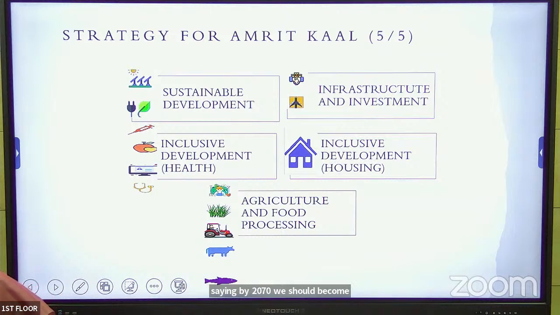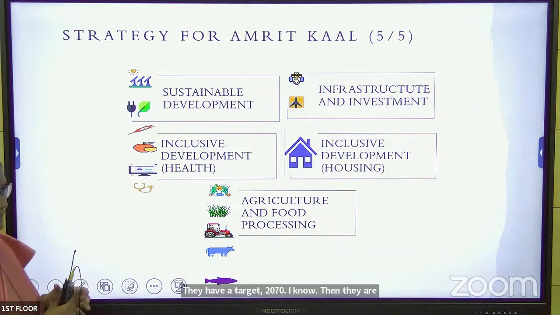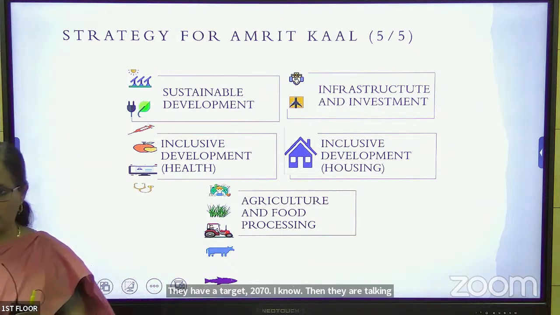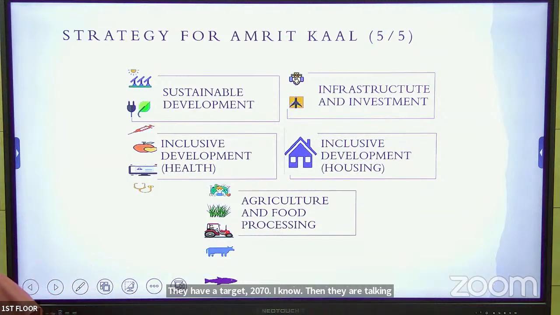They have a target of 2070, and then they are talking about solar roofs on the top, electric vehicles, electric buses, and hydrogen-related utilization of fuels. So moving away from the fossil fuels is the major idea there.